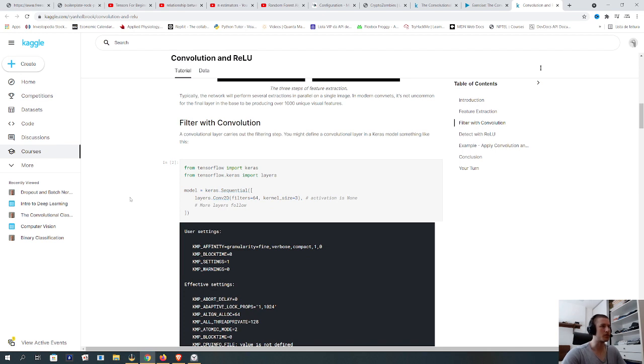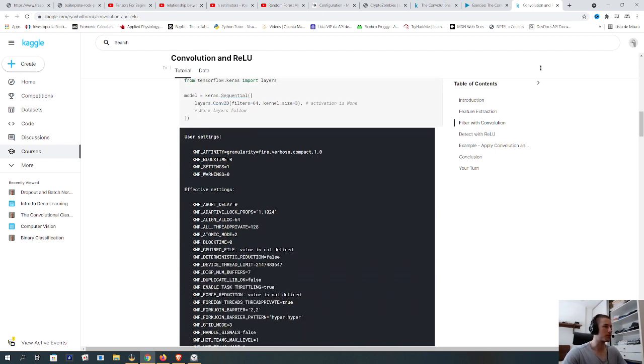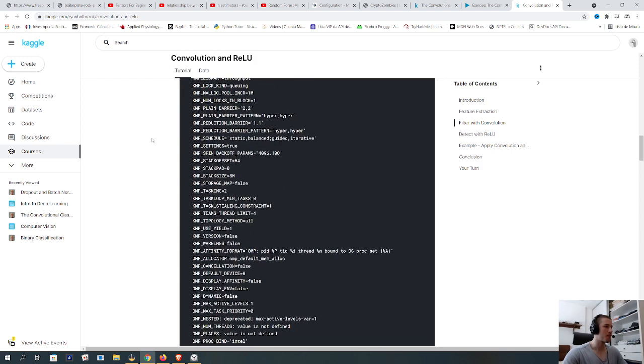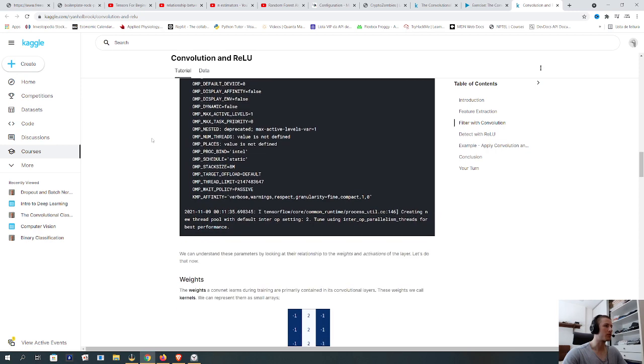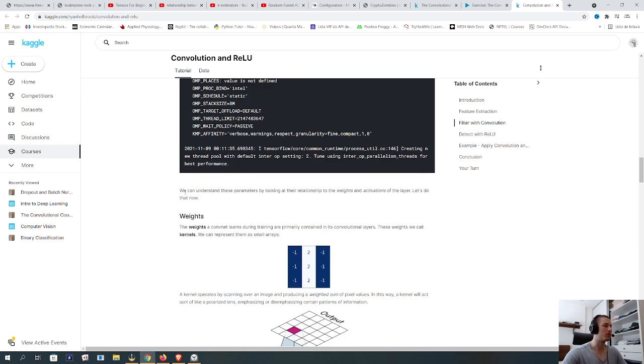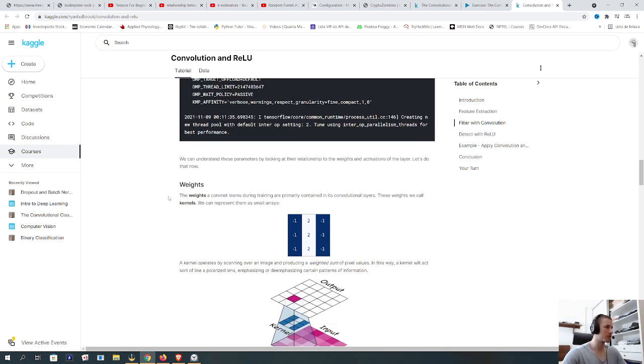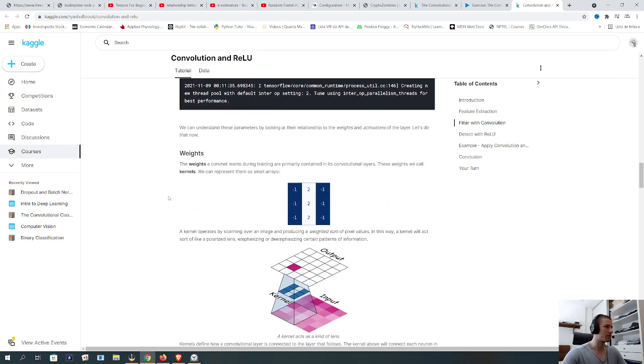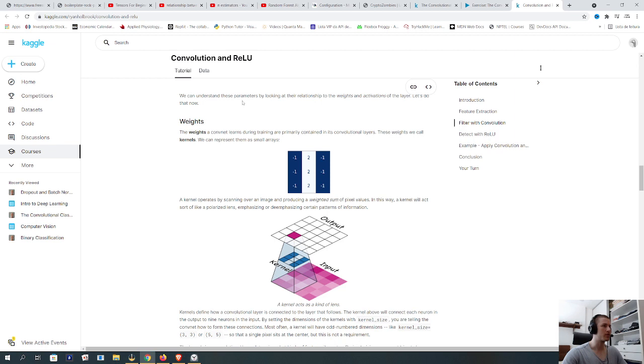You might define a convolutional layer in a Keras model something like this: Conv2D, filters 64, kernel size 3. The Brilliant course talks about this a little bit, and how it actually works, the steps, and the mathematics. We can understand these parameters by looking at their relationship to the weights and activations of the layer. Let's do that now.